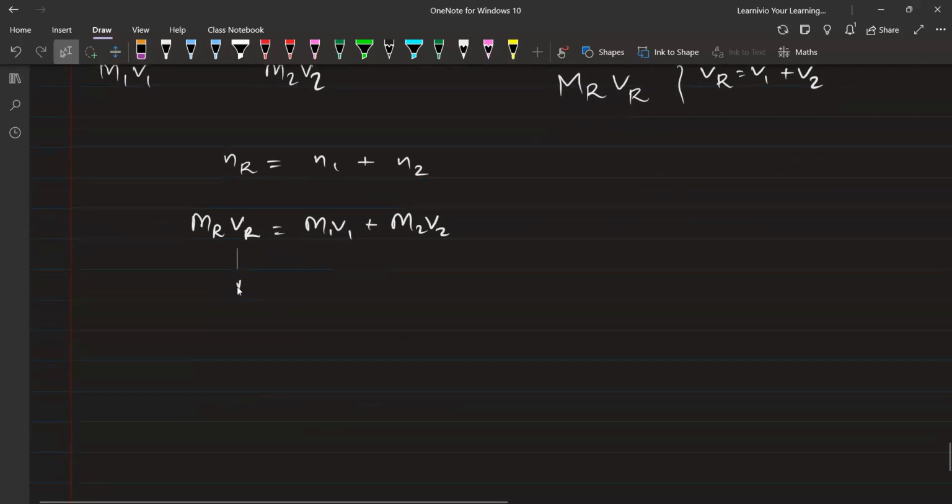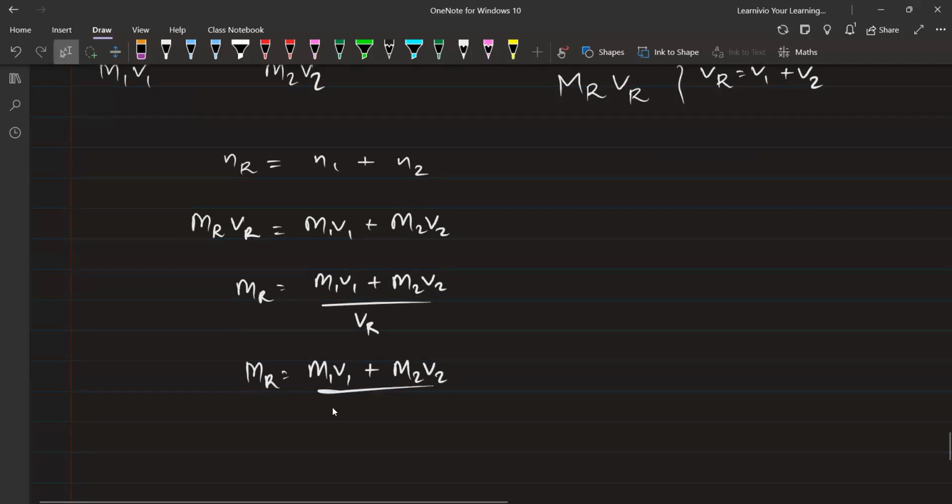Now I can write MR as M1V1 plus M2V2 divided by VR, and you can further write this as MR is equal to M1V1 plus M2V2 divided by V1 plus V2.